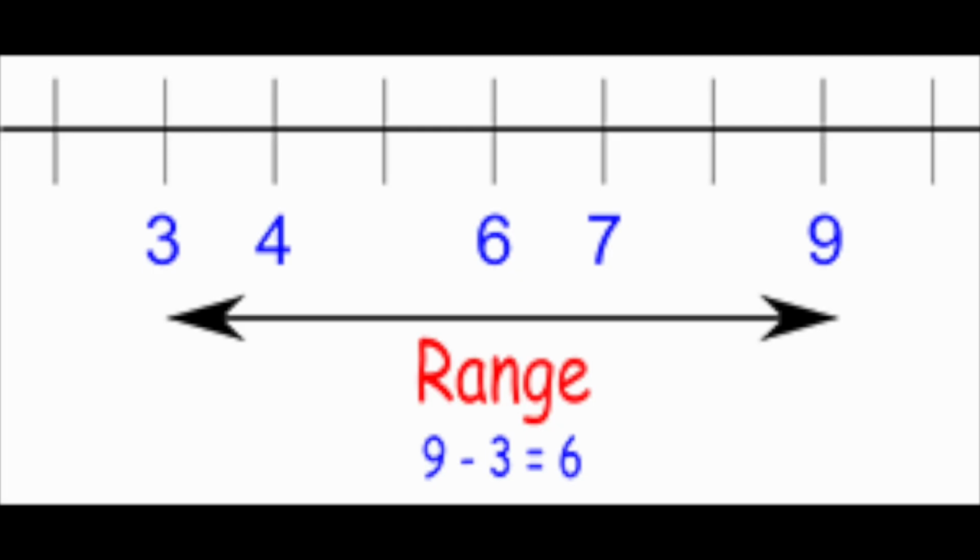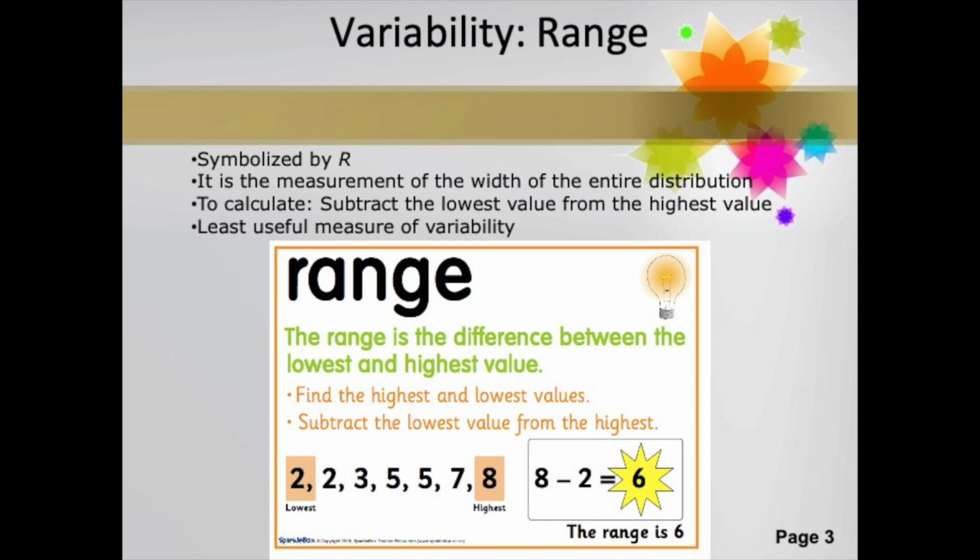The range is the measurement of the width of the entire distribution. To calculate it, you just find the highest value in your distribution and subtract the lowest value from it. You can see the example here on your screen. The highest value in that distribution is 8 and the lowest is 2. So you just take 8 minus 2 and you get your range of 6.